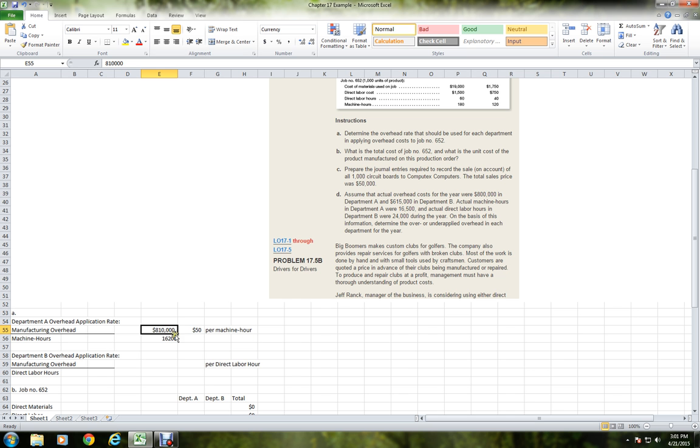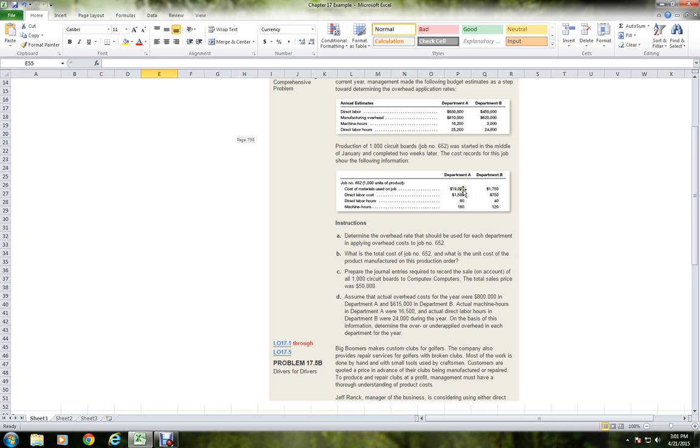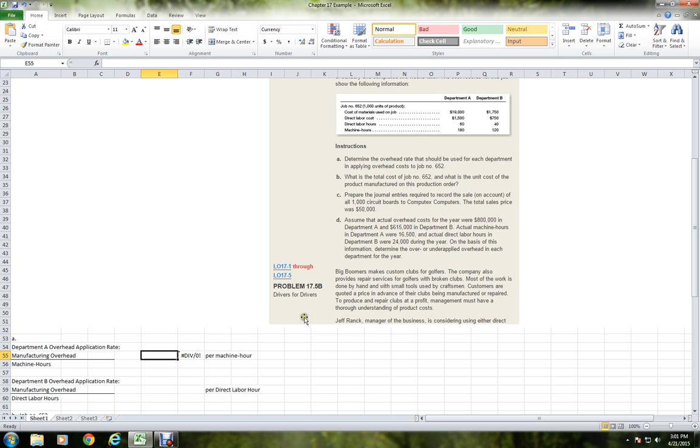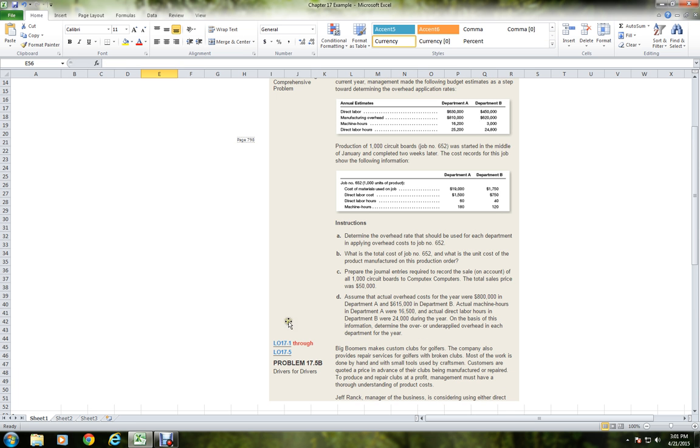So we know that manufacturing overhead total in Department A was $810,000. So we'll start there. And then we need the total number of machine hours in Department A, since that's the cost driver.